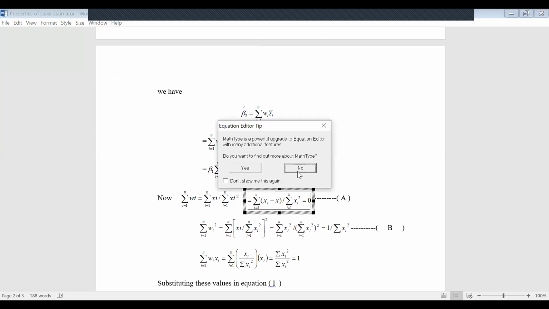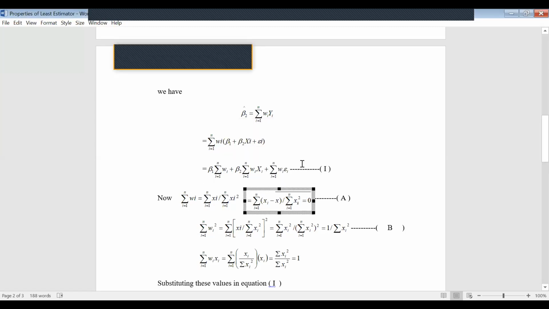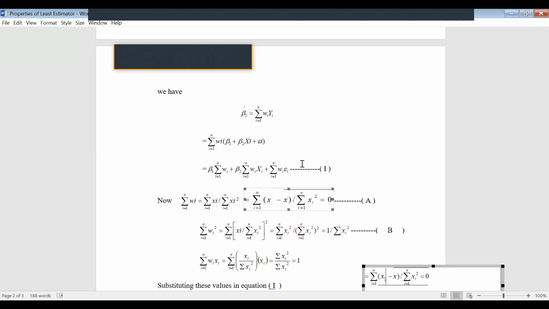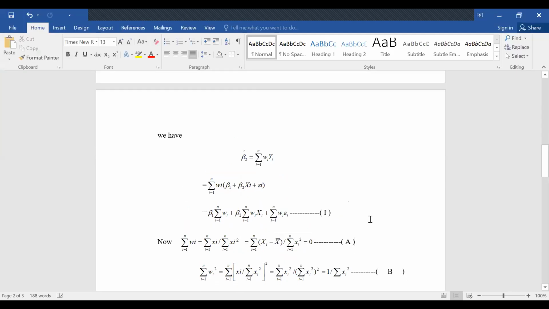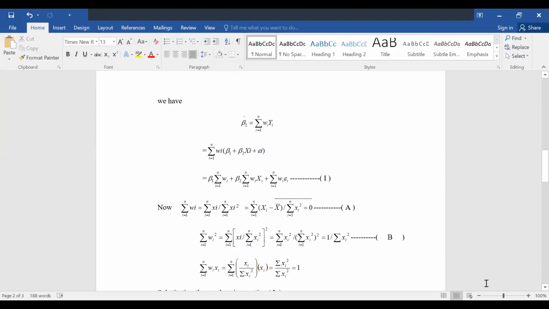This small xi is equal to capital Xi minus x bar. So we replaced small xi with xi minus x bar.